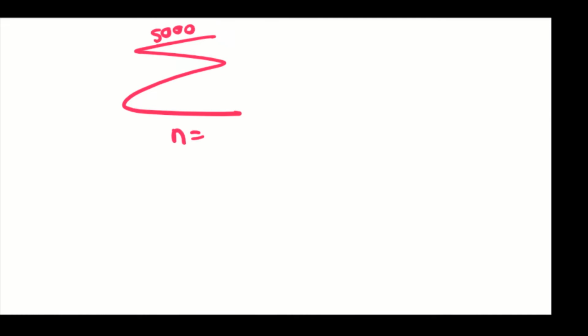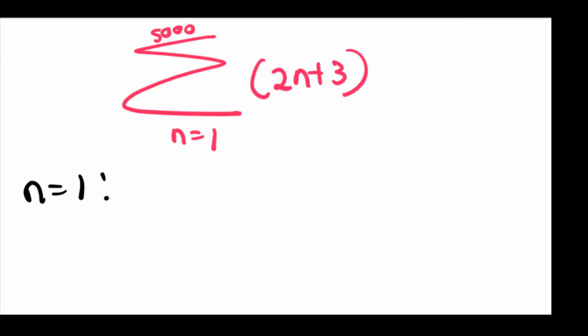For us to do that, we are given the sum where the top is 5,000, n is equal to 1, and this is 2n plus 3. To find the first 3 terms, we're going to say n equals 1. We substitute that 1 into this equation, so it's going to be 2 times 1 plus 3, and we're going to get 5.